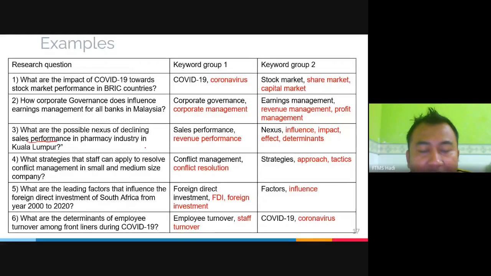You might be asking, sir, how many keywords do I have to come up with? My answer is up to you. Minimum one, and then you can have so many. You need to look at the core, especially for interest.